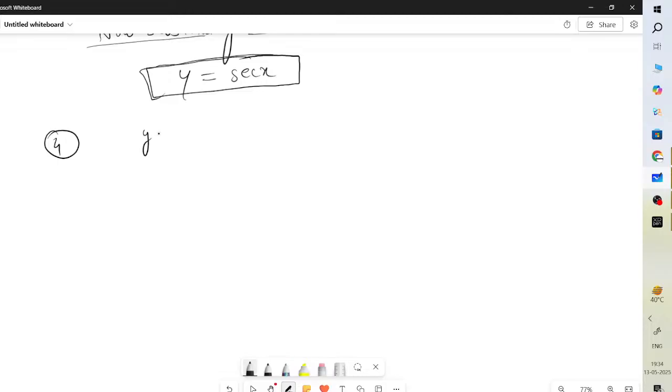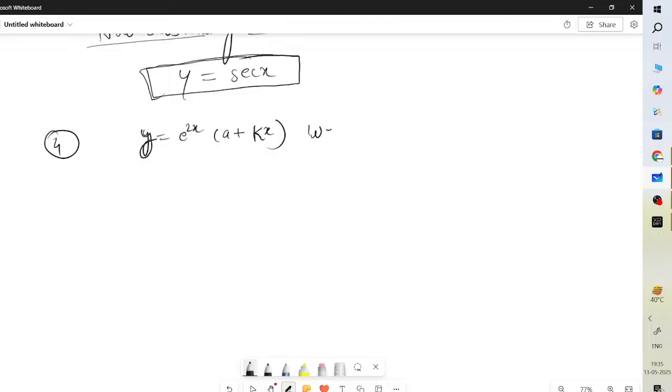y equals e to the 2x times, let us take here, a plus kx. Okay, we are taking a plus kx, and now we have to differentiate this equation with respect to x. We have to solve this differential equation.